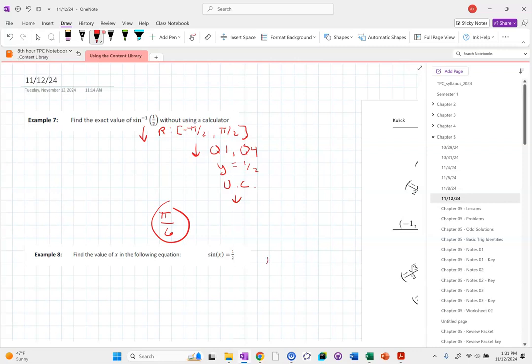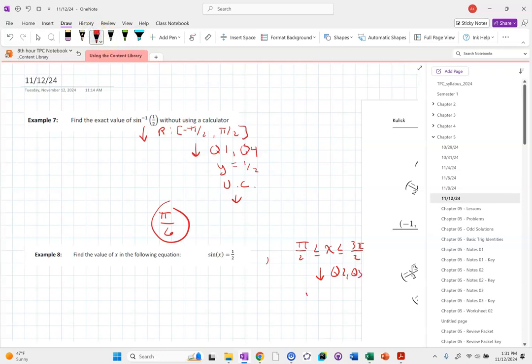And then we said, what if instead of just asking you to evaluate sine inverse of something, we give you an equation to solve, but we also provide a range of values to solve over. Again, we start by figuring out what quadrants are covered from pi/2 to 3pi/2. That'd be quadrants 2 and 3.